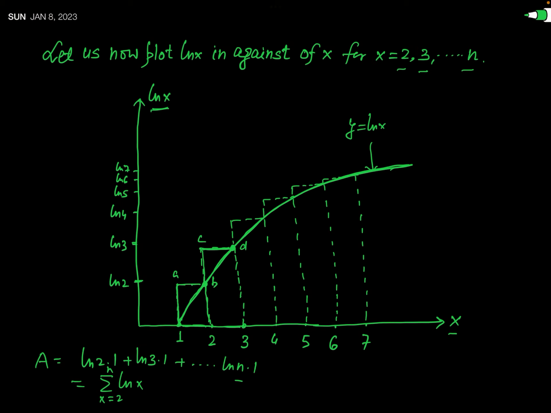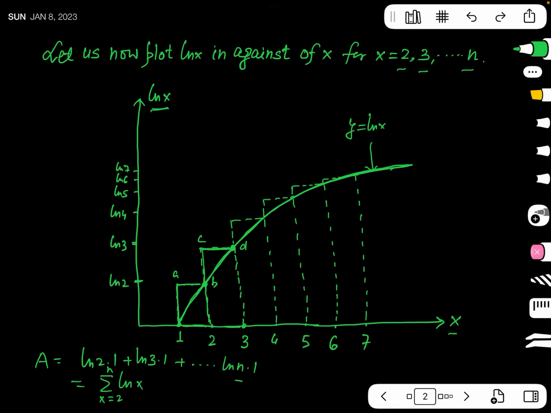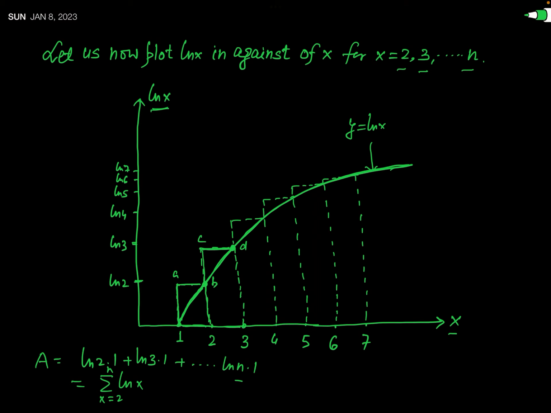So see here, when x lies between 1 and 2, then this stepped curve and this full line curve are very distinct, very different.